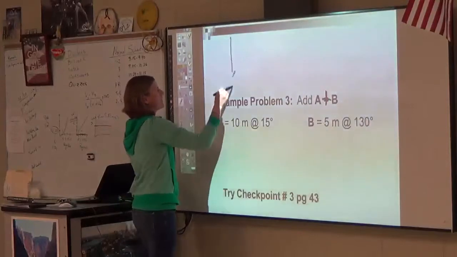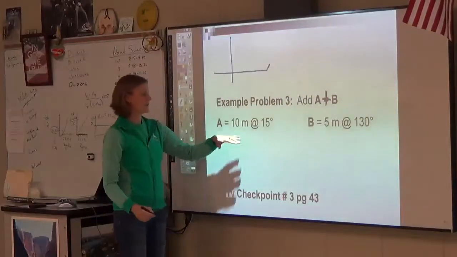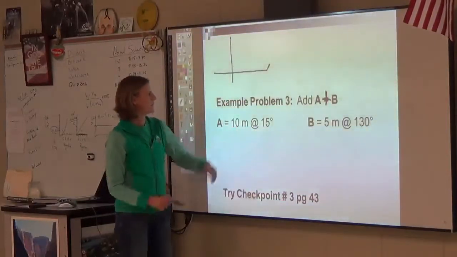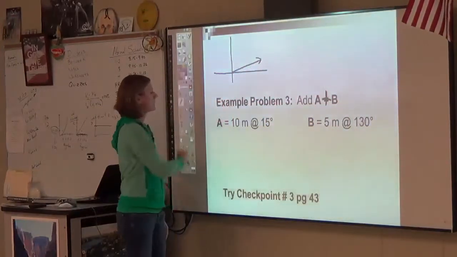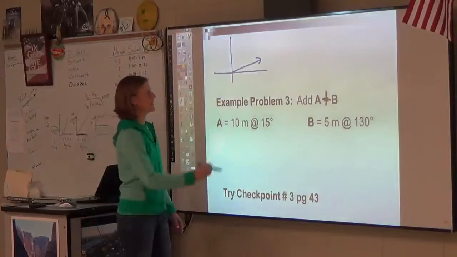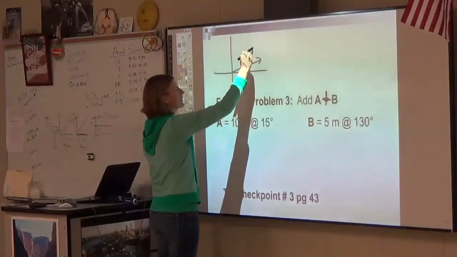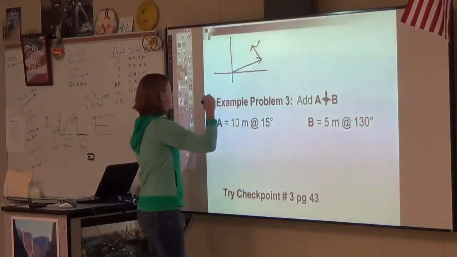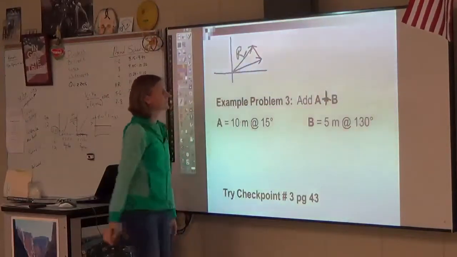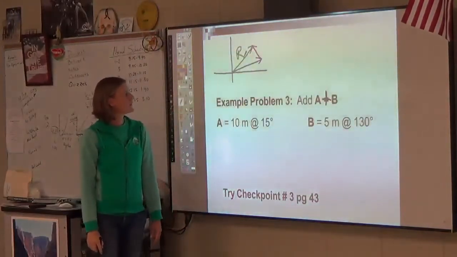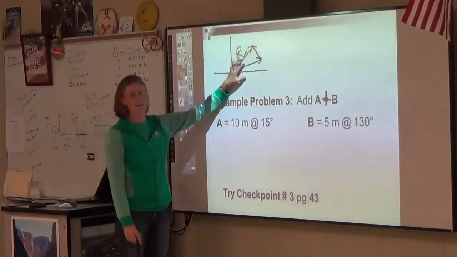We already did this anyway, but if A is 10 meters at 15 degrees, that's roughly over here. And B is 5 meters at 130. Let's kind of back like that. And that was my resultant. So I've already got a guess.